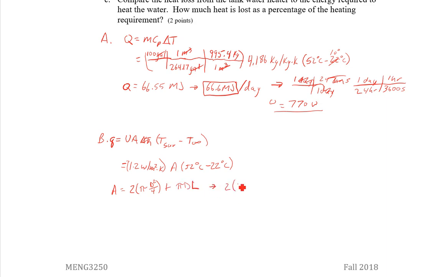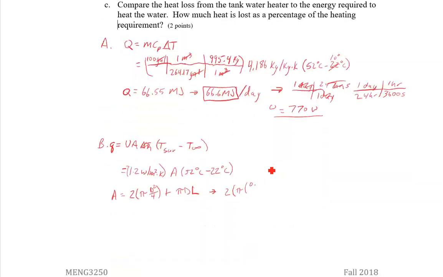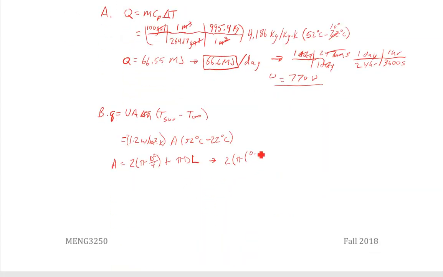We get 2 times pi times 0.5, excuse me, 0.5 squared over 4, inside the bracket, plus we have pi times 0.5 times 1.5.